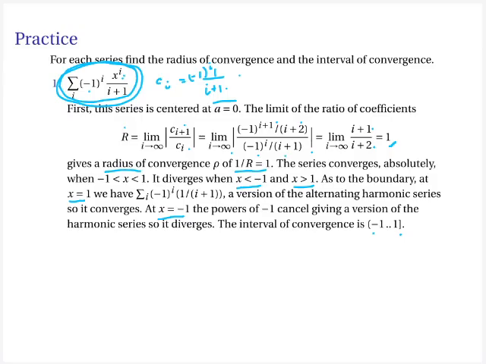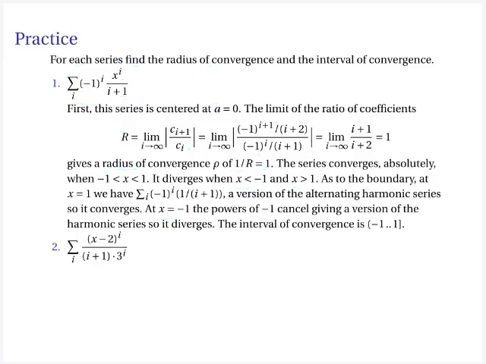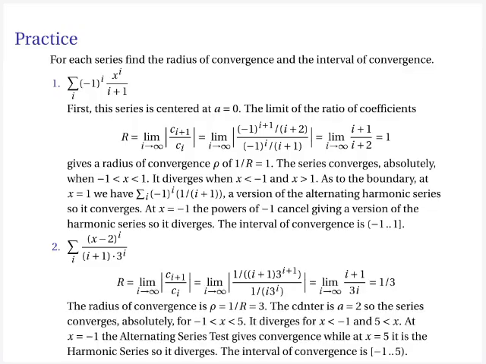Okay, next one. Again, simply applying the theorem from the prior slide. That's 2 slides ago. Okay, give you a second to pause the video. Okay, great. So this series clearly is centered at a equals 2. And I'm looking at capital R here by taking c sub I plus 1 over c sub I. So let's see here.